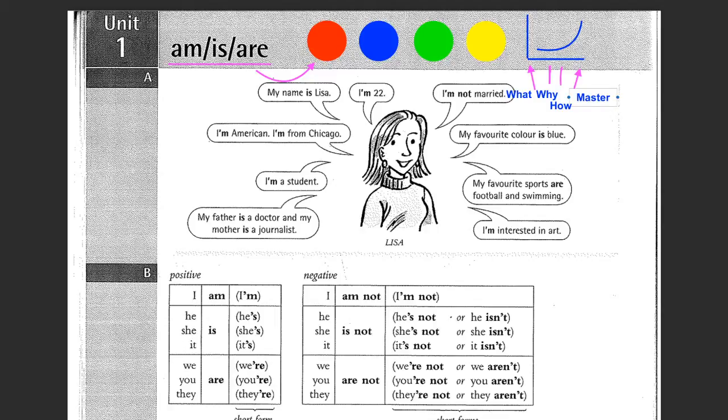And actually is, am, are belong to the verb to be family.